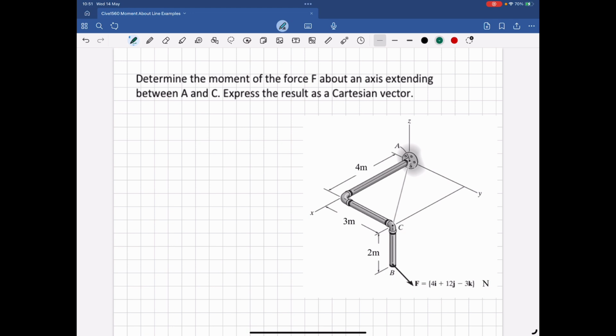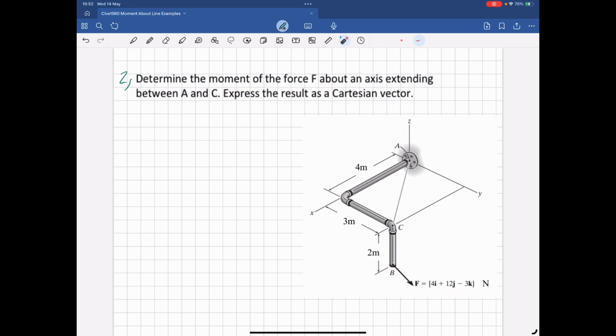Okay, we're going to look at question 2 in this series of calculating the moment of a force about a line or about an axis. This question is the same arrangement as what we had before, a system of bars connected there, and a force, and it's the same force vector.